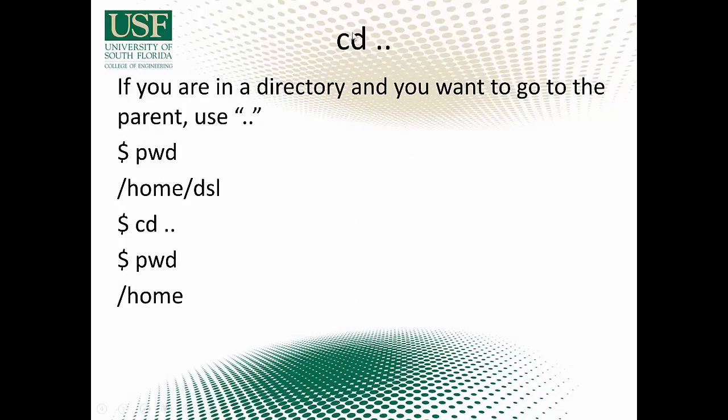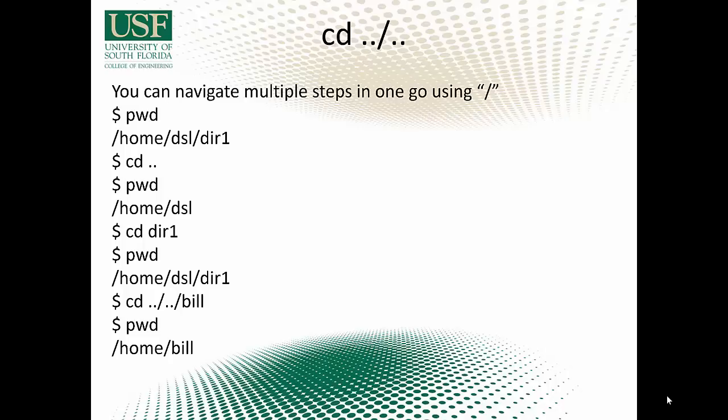Now we talked about the cd, and we can see how it was used. This allows us to go back to the parent where we were. So now what we want to look at is recursive navigation. What this means is that I can use the /, and now I can specify multiple parent directories. So if I'm in home DSL dir 1, I can do a cd .. and that will bring me up to home DSL.